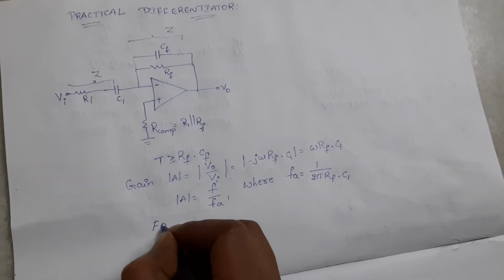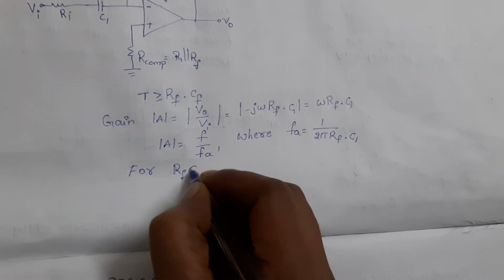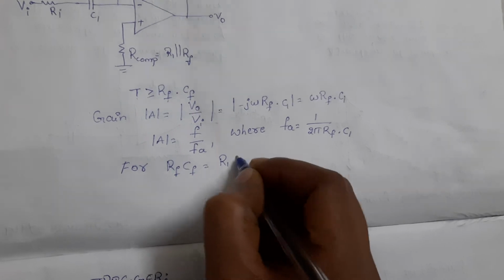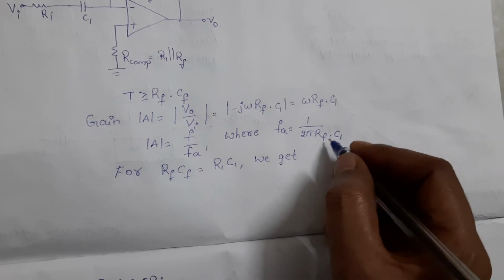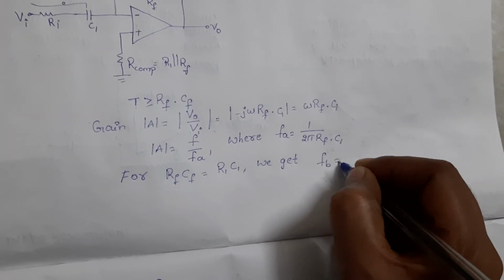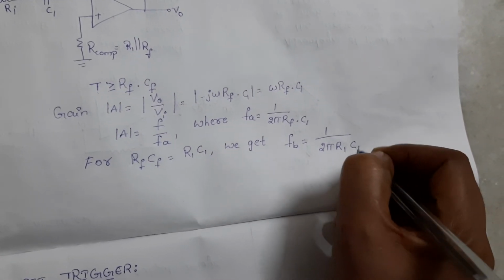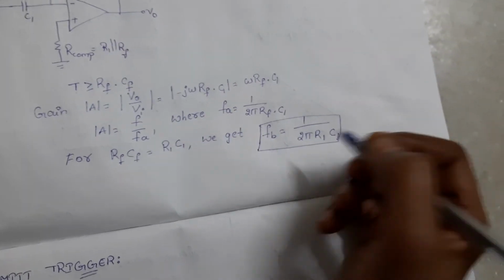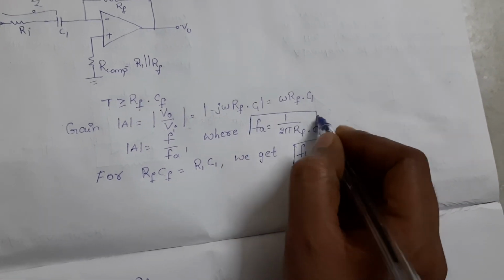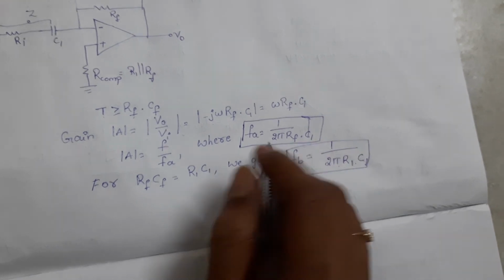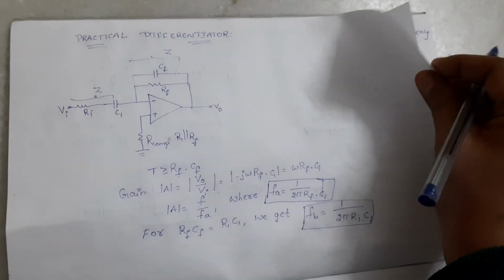If we assume Rf Cf is equal to R1 C1, then we get Fb is equal to 1 by 2 pi R1 C1. So Fb is nothing but 1 by 2 pi R1 C1 and Fa is nothing but 1 by 2 pi Rf into C1. So this is about the practical differentiator circuit.